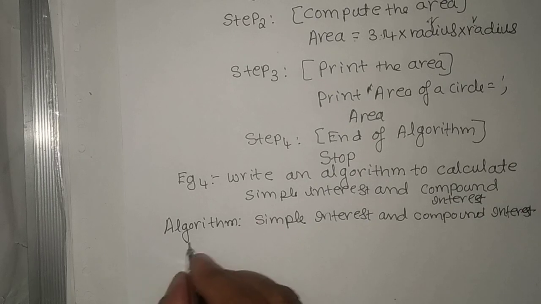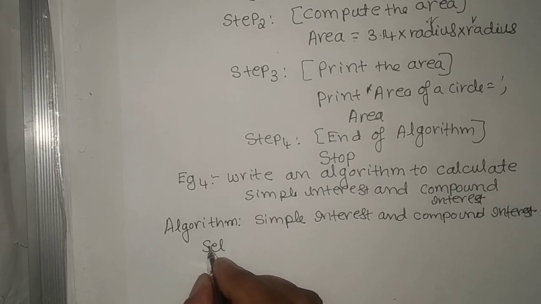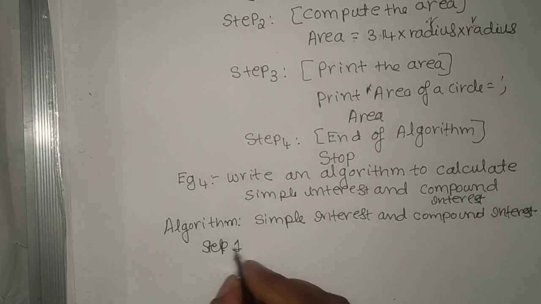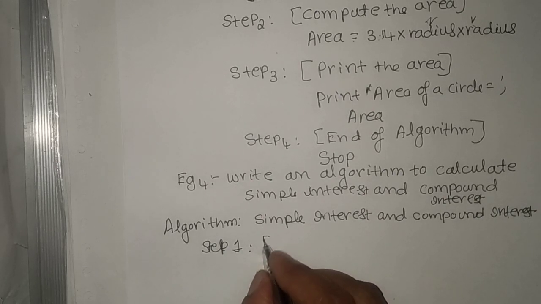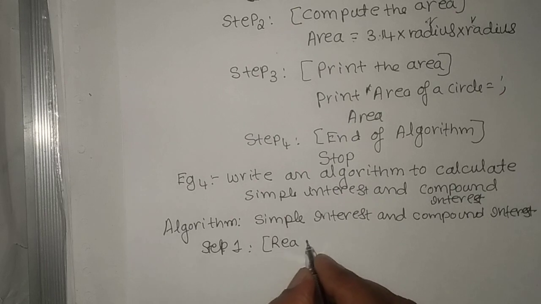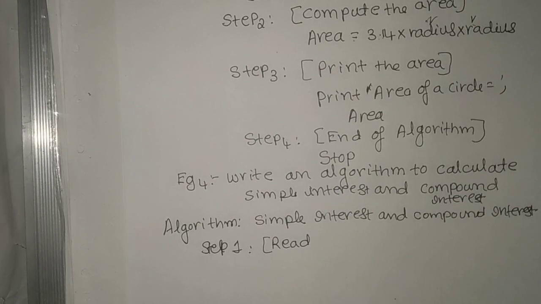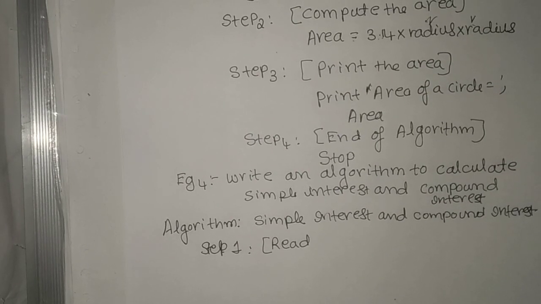After this, step 1 will be read, write in the brackets, read. What is the formula to calculate simple interest? That is PTR over 100.